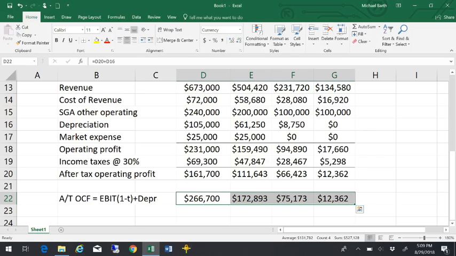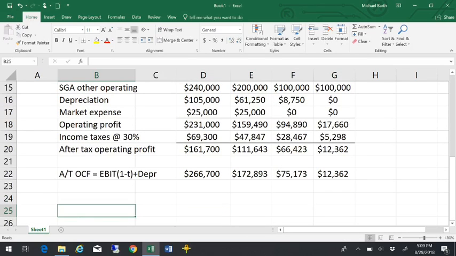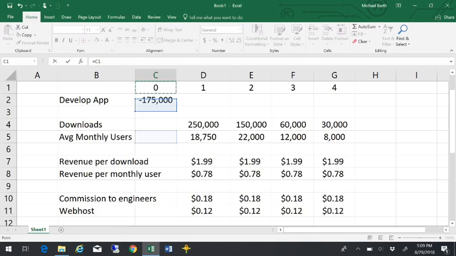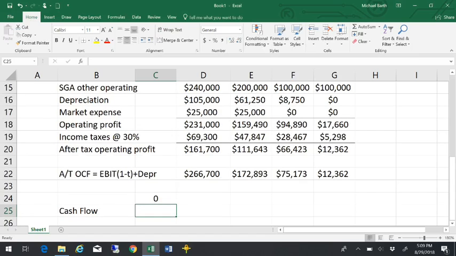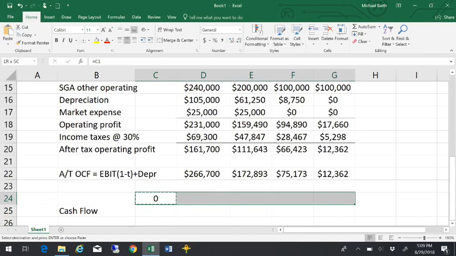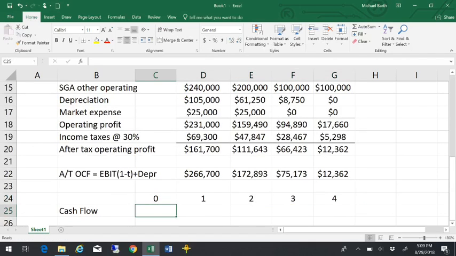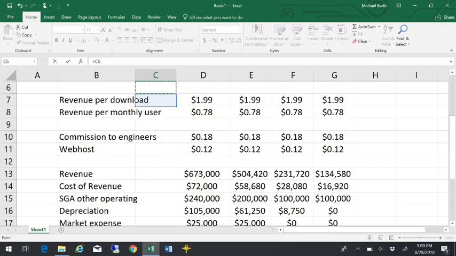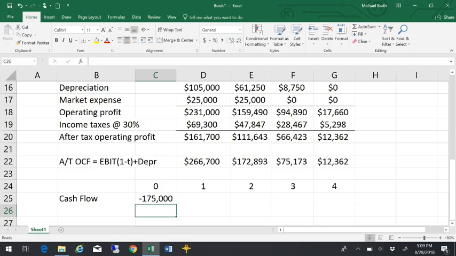Okay, so we've already established that there are no terminal values, so if I'm putting together my cash flow line by period, then that's period 0, 1, 2, 3, and 4. It's going to cost me $175,000 up front.